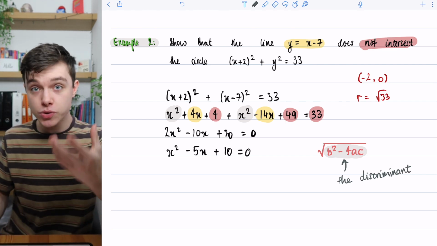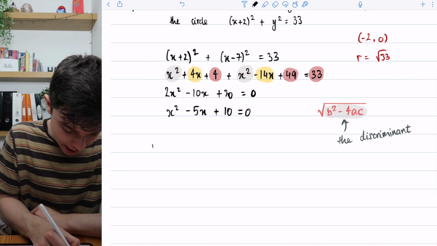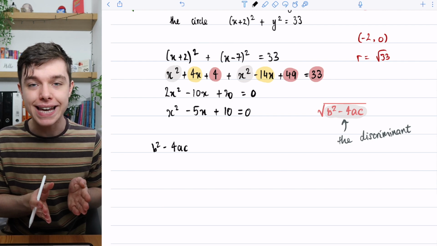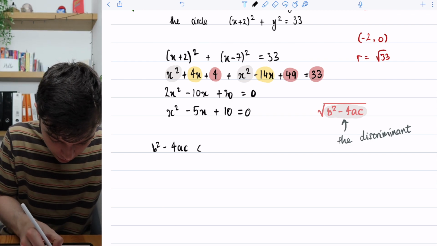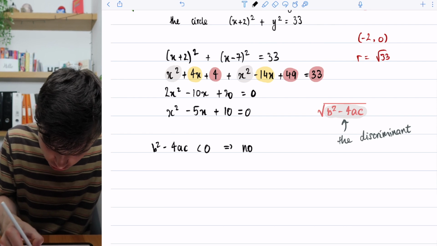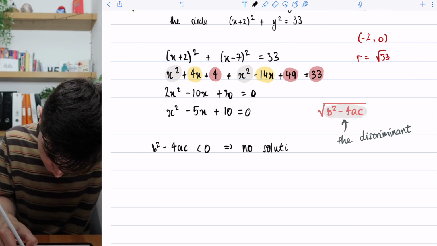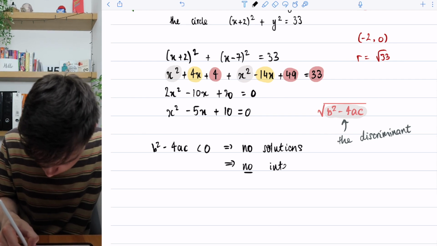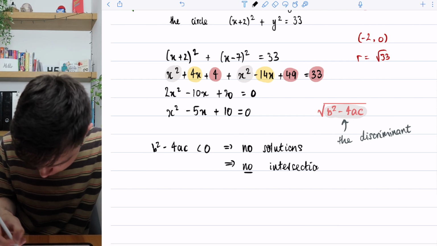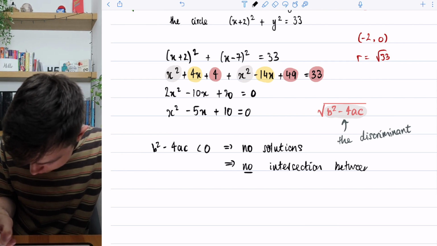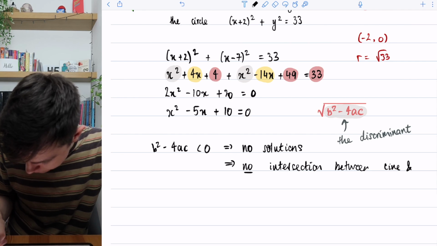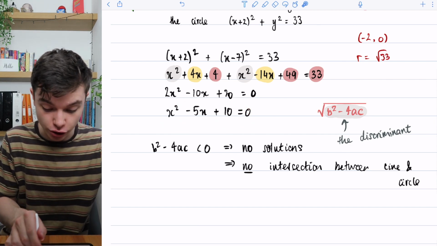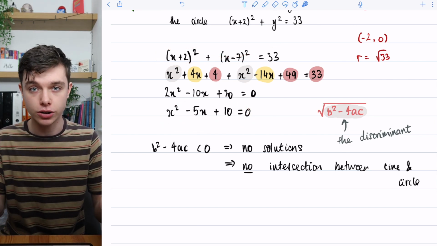So let's work out b squared minus 4ac, and to prove that there are no intersection points, we want to prove that b squared minus 4ac is less than 0. Less than 0 implies no solutions, which implies no intersection point, and that's what we're trying to prove. No intersection between the line and the circle, because this quadratic is the result of the substitution between the circle and the straight line.